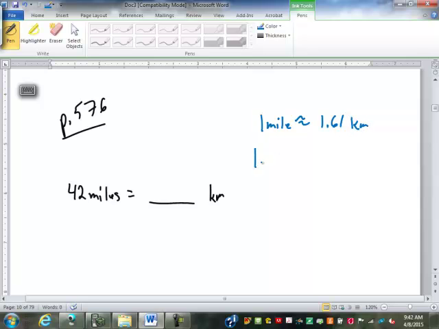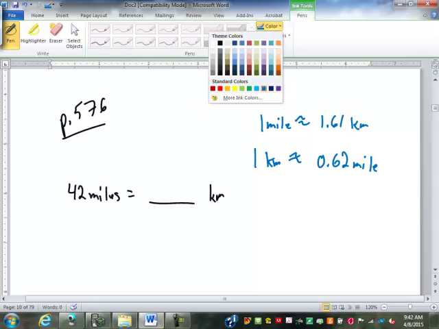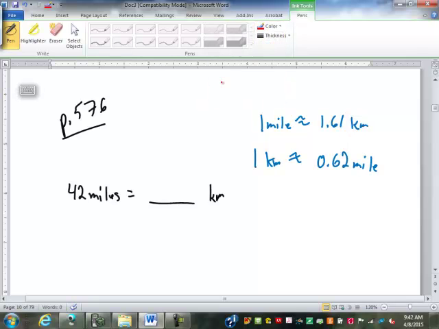Or 1 kilometer is approximately 0.62 miles. Those are both good conversions. We could use both of them. The textbook always tends to use the one that allows you to multiply instead of divide. Let me show you what I mean by that.